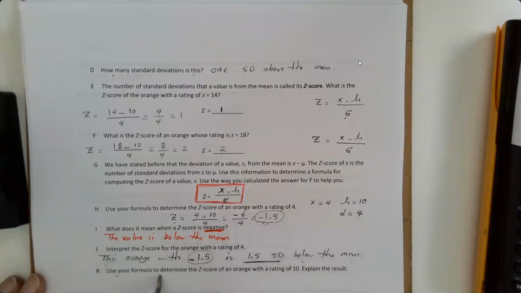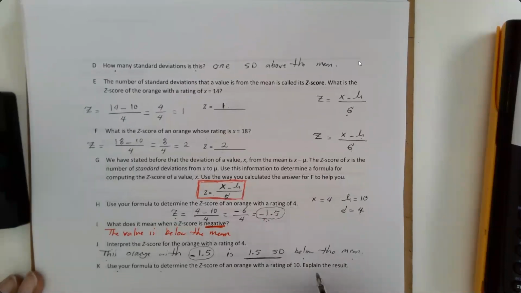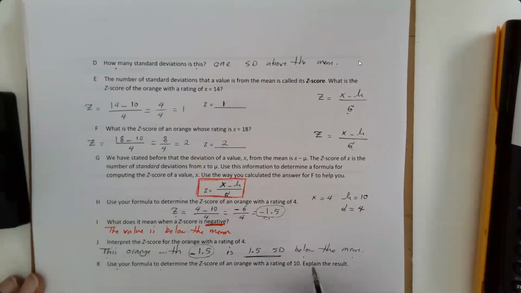Use your formula to determine the z-score of an orange with a rating of 10. So we are trying to compare different z-scores for different oranges. Our x is 10. Mean is also 10. Sigma is 4. This information is given to us in the question.